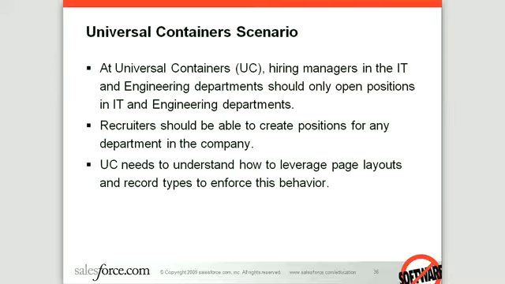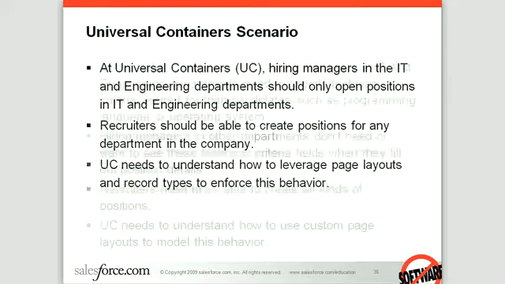All right? So what we're going to do in the case of universal containers is we've decided to customize the layout, the page layouts of our positions for different profiles. And we're going to also do some customizations associated with apps and tabs in terms of what our users are able to see.